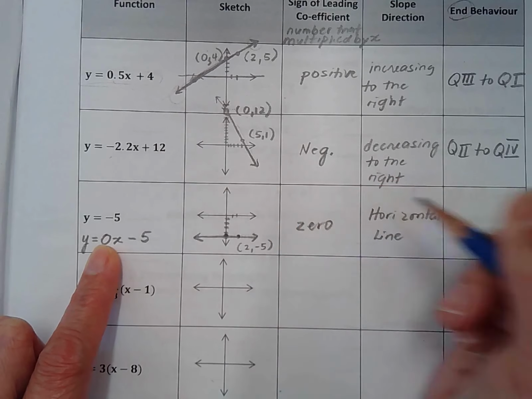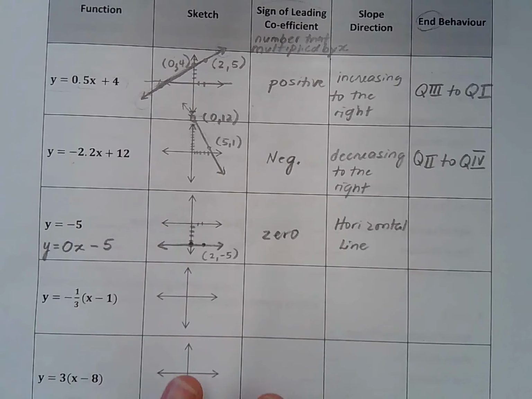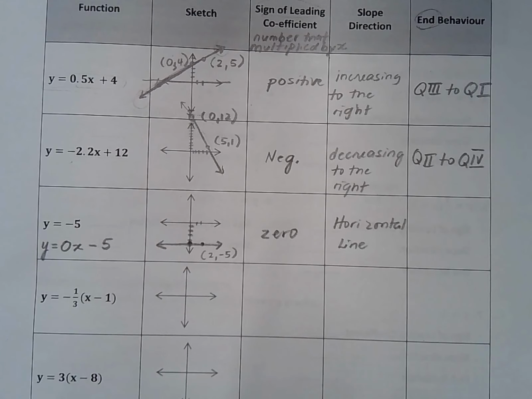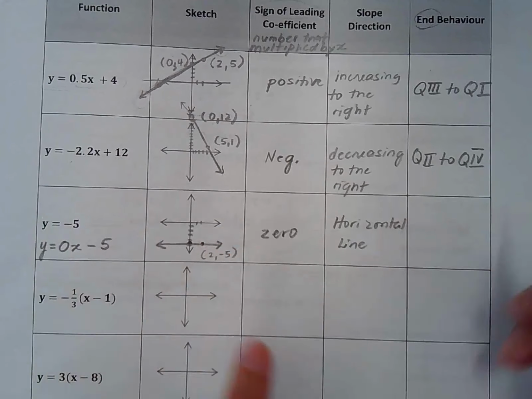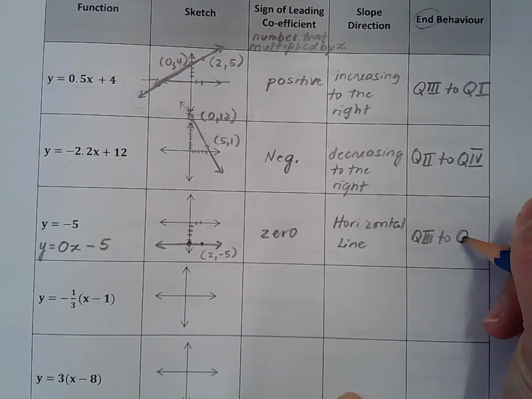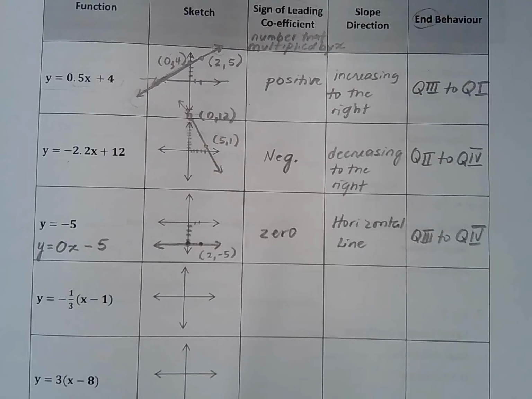Like that? Yeah, okay. And what's the end behavior? Which quadrant? 3 and 4. We're looking at just the ends, so that's quadrant 3 to quadrant 4. Okay, so we're always reading from left to right.